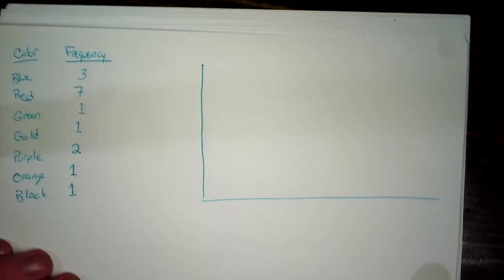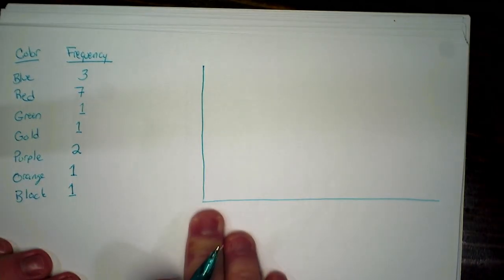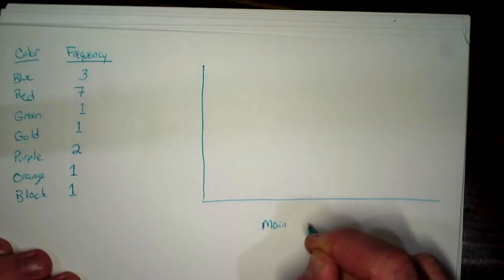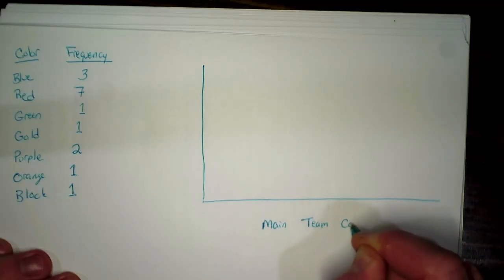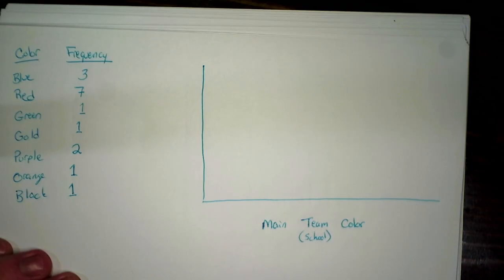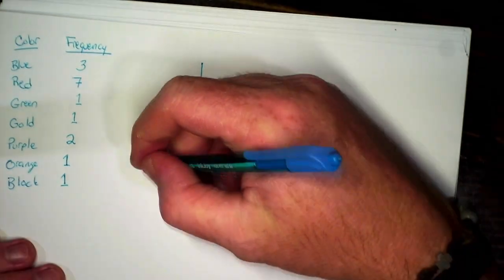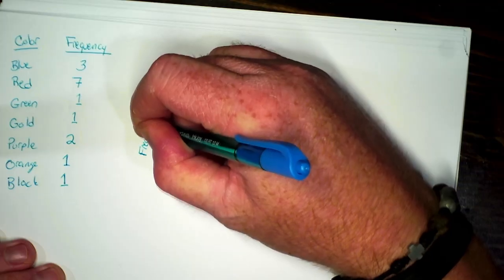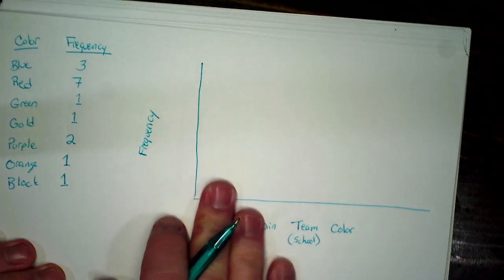Okay, so our bar graph is going to have a vertical axis and a horizontal axis, and the category that we're interested in here goes along the bottom. So main team color or main school color, along the horizontal axis. And then along the vertical axis, we're always going to have the same thing. We're going to have some type of frequency count.